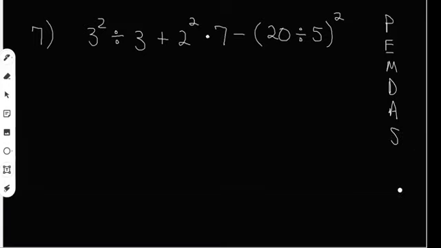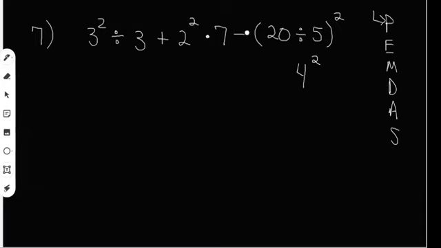Okay, so let's do parentheses first. Do we have parentheses? Yes, we do. We got 20 divided by 5 inside parentheses. And 20 divided by 5, that's going to give me 4. But that 4 is going to be squared on the outside, right? So I'm still going to have a squared.